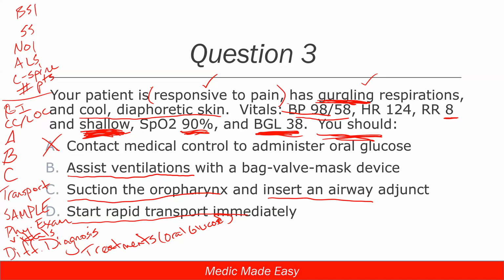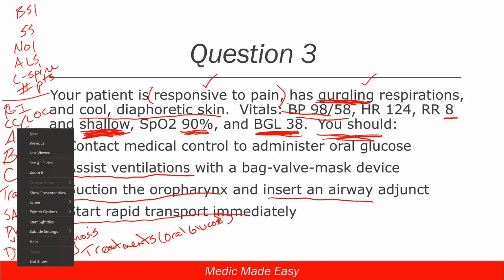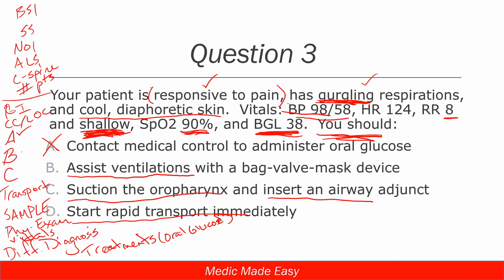So in this case, we said, I'm going to assist ventilations. I'm going to suction the oropharynx and insert an adjunct. I'm going to rapid transport. Right? You go back to your National Registry skill sheet and say, one of my answers is A, an airway thing. One of my answers is dealing with breathing by bagging the patient, and one of my answers is to start rapid transport.